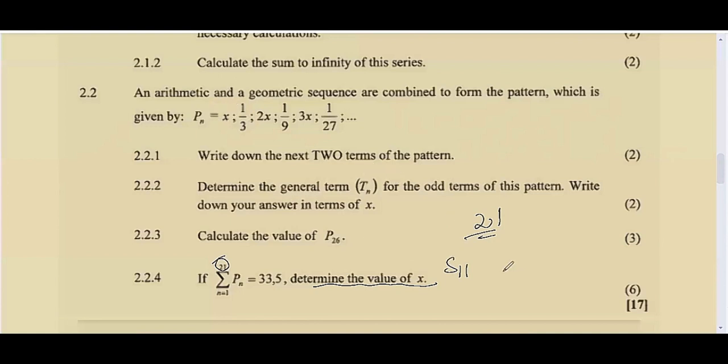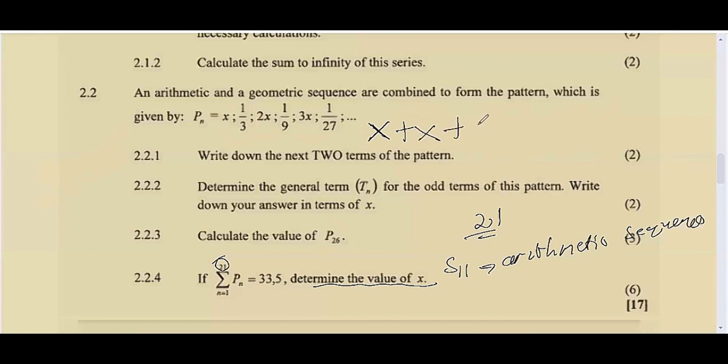Which will be representing your arithmetic sequence, right? So let's mark X for the ones that are arithmetic, and let's mark plus for the ones that are geometric.